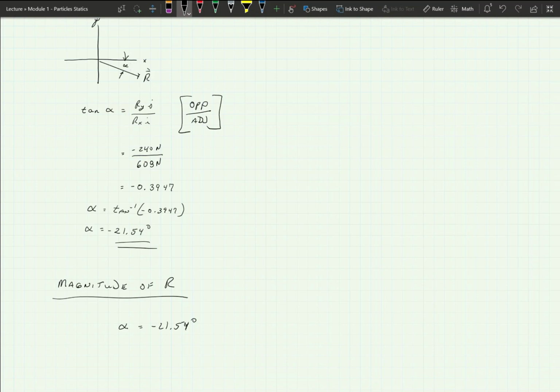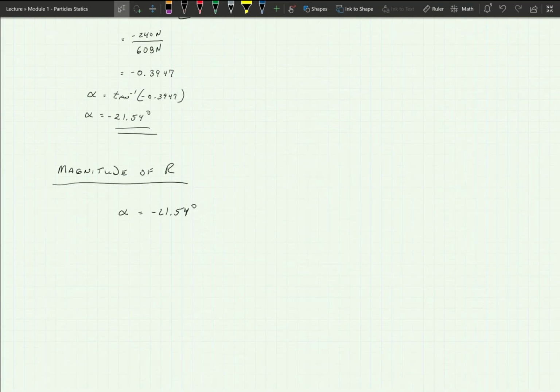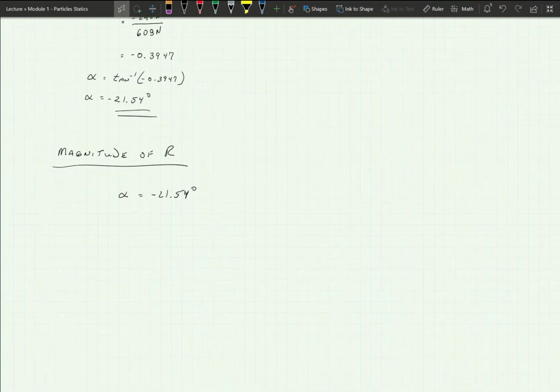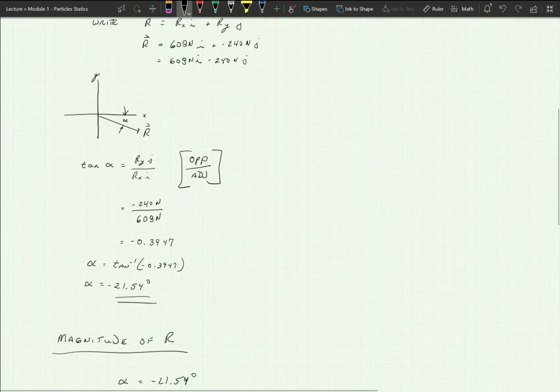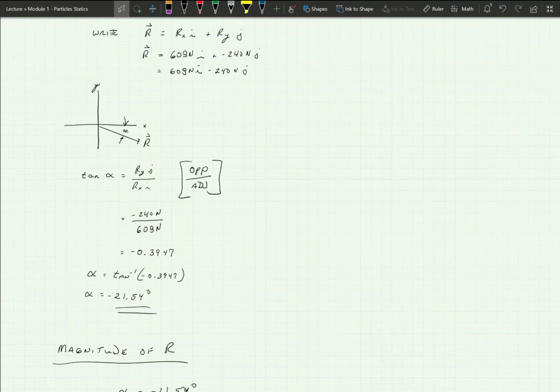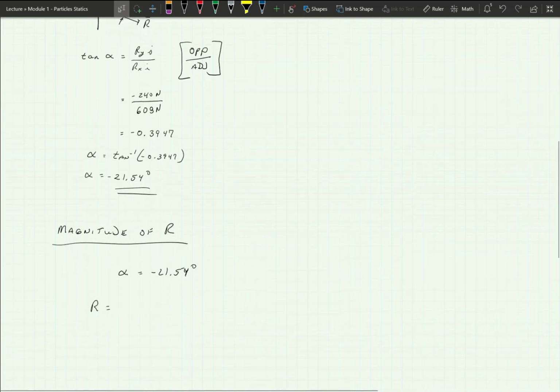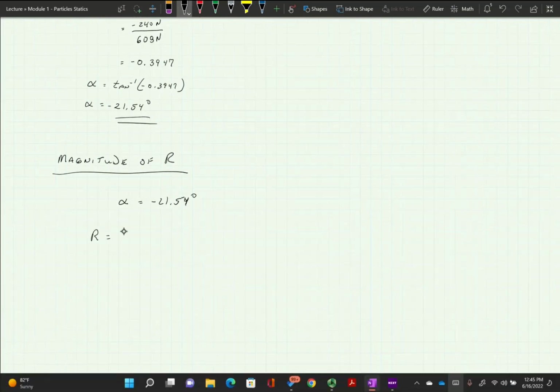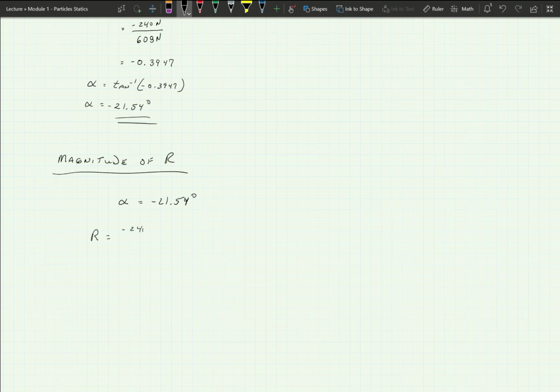So either one will work. I'm going to do sine just because sine's easier to play with in my world. I don't know why. We're going to do R is equal to negative 240 newtons divided by the sine of negative 21.54 degrees.